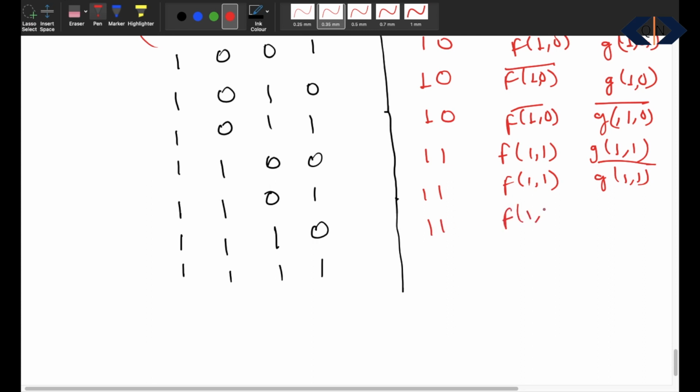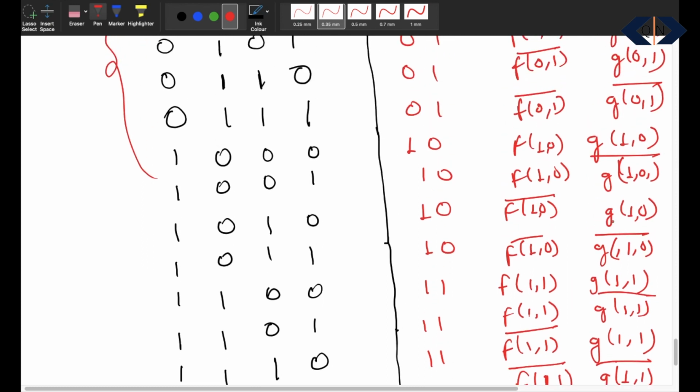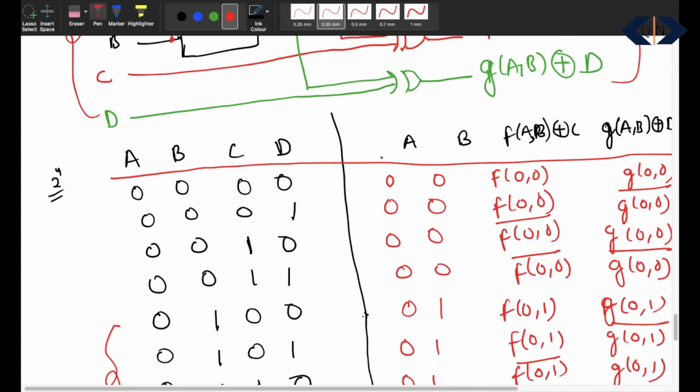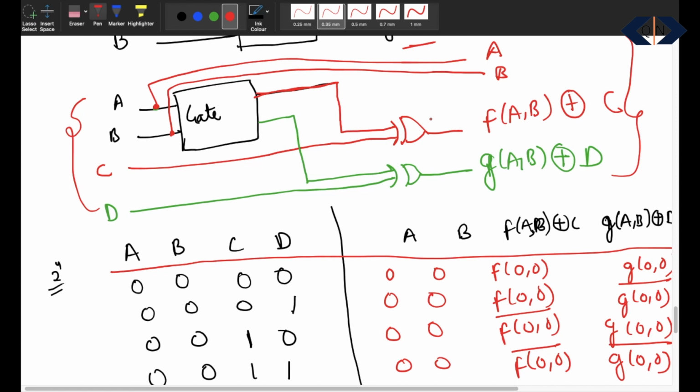Here this is going to flip, this is not going to flip. Here both of them are going to flip. So I hope with this truth table you understand how, if there are two outputs, two functions, and it is still irreversible, you can make them reversible.